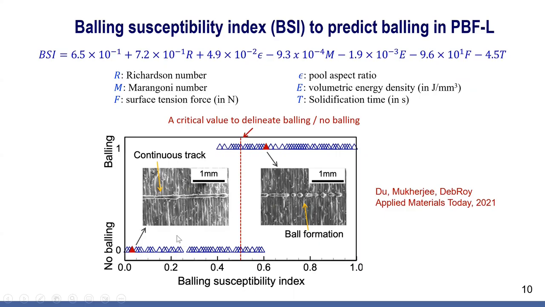And we find that the separation between balling and no balling can be very, very straightforward, using this balling susceptibility index to predict the occurrence of balling, and the critical value is about a susceptibility index of 0.5. And a paper explaining the details is available in Applied Materials Today that was published last year.